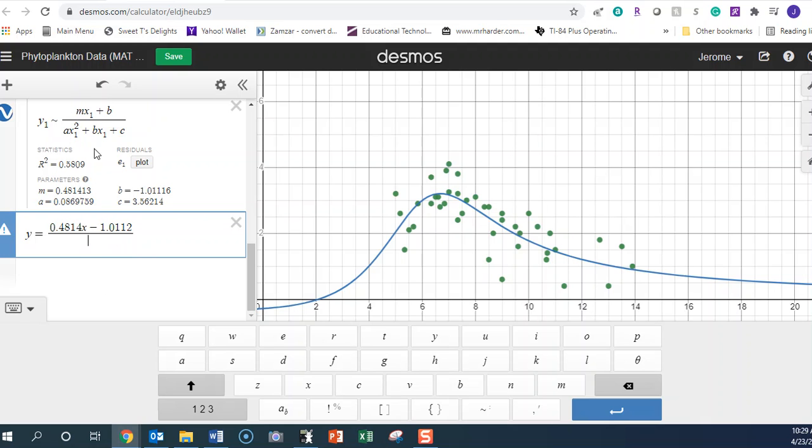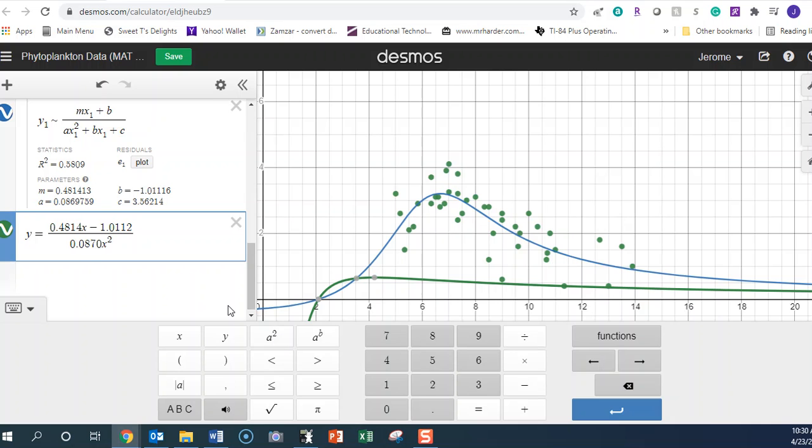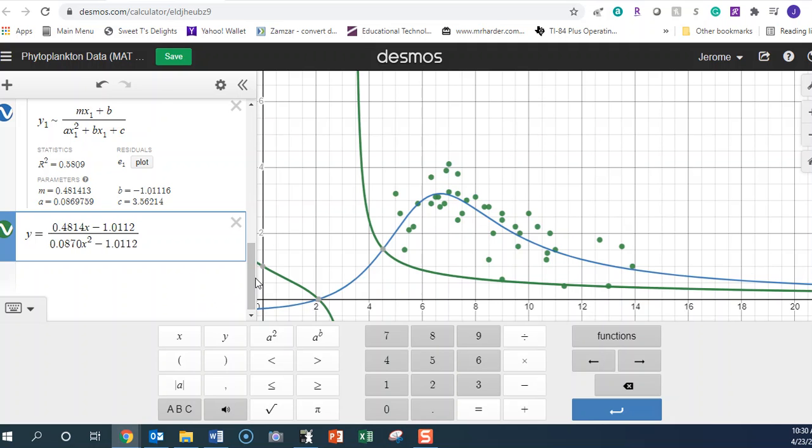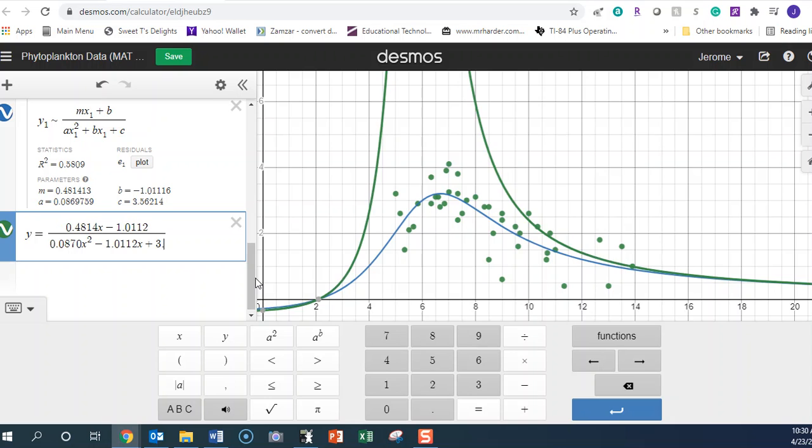Now the quadratic function. Now a here is 0.0870, and then x squared plus, well, actually it should be minus, b is 1.0112 x, and then plus c, which would be 3.5621.